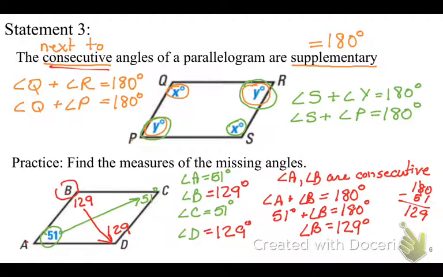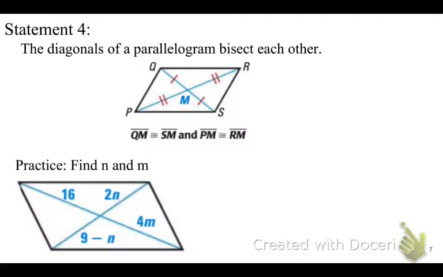Okay, so let's look at the final. So this one is kind of interesting. So if you draw the diagonals of a parallelogram, so here's one diagonal is QS. Here's another. I'll change colors. Okay, so those are the diagonals of the parallelogram.